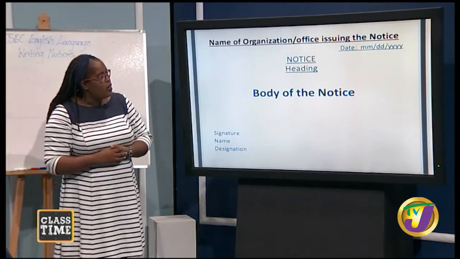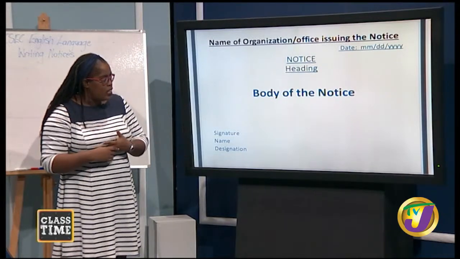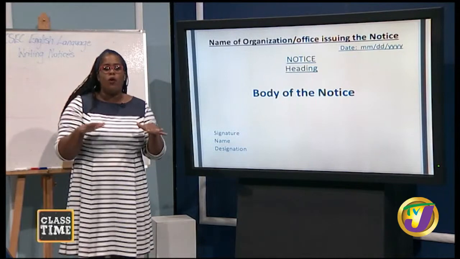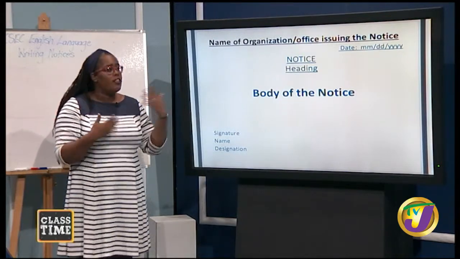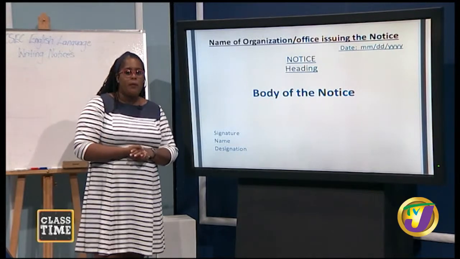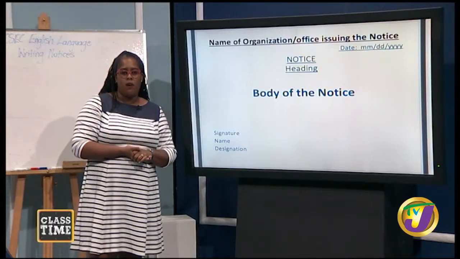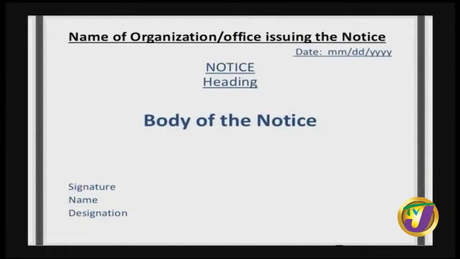Here it outlines the date, signature, name, designation, all of these things. Now think about it. What would you put in the body? Because this notice requires that you include a body. Say it is about the inauguration or the swearing in of the Prime Minister. What are some of the details that you would include in the notice?